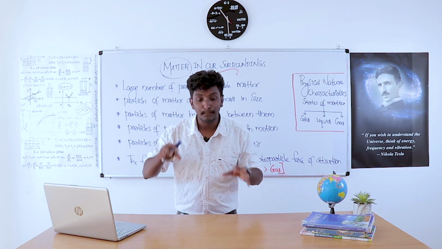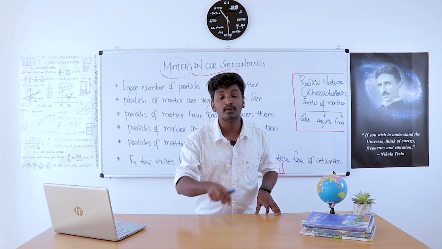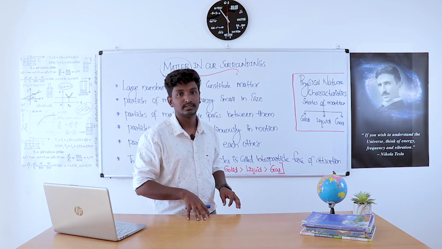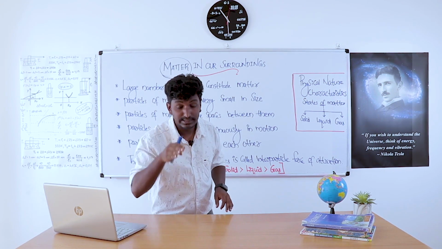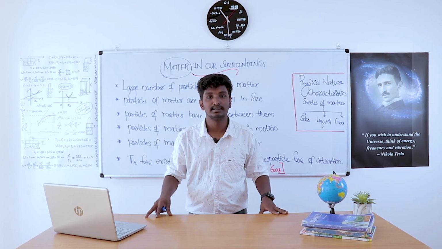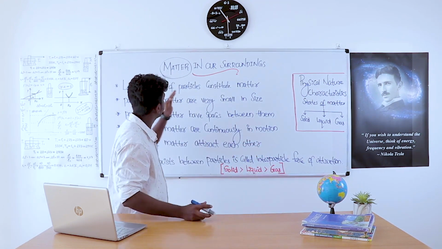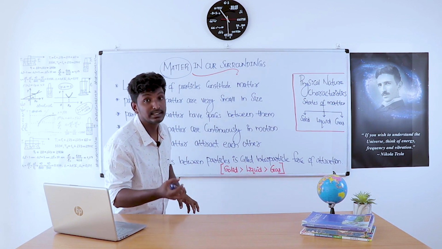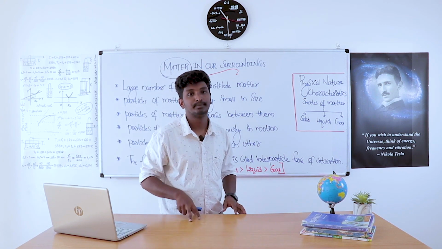That means matter is made up of tiny particles called atoms. Clear? And these tiny particles may vary in size, shape, and character. Now we can define matter as being made up of tiny particles called atoms.